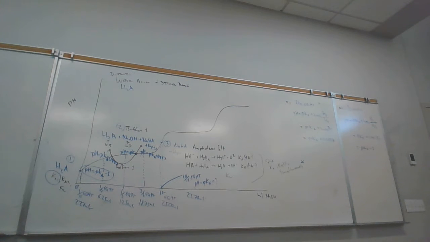If I've neutralized 10/11 of my acid, then that's all converted to base. So I have 10/11 base, and then how much remains? Only 1/11 remains. Invert and multiply. This gives us pKa plus the log of, no, not log of 1, log of 10. Log of 10 is just 1. So we have pKa plus 1.